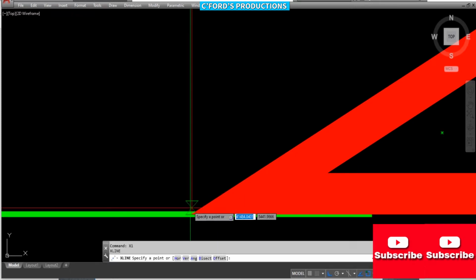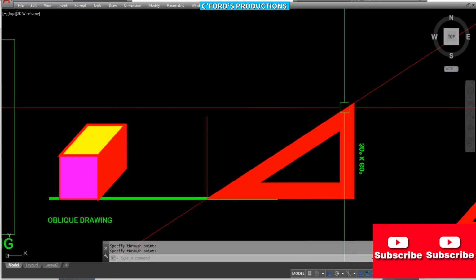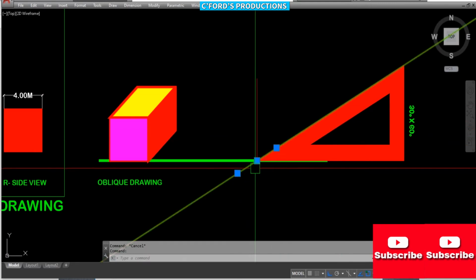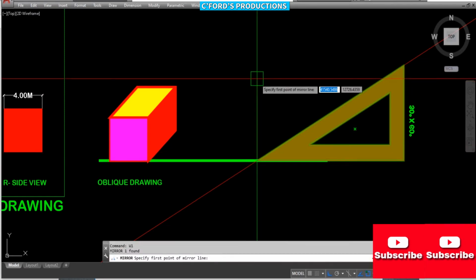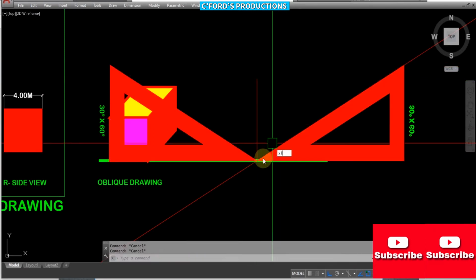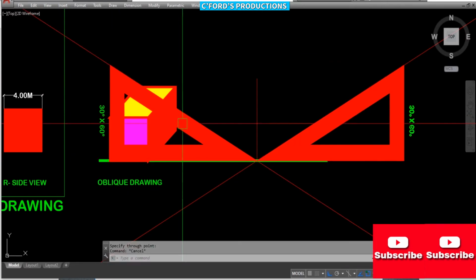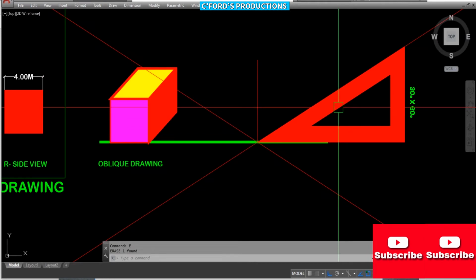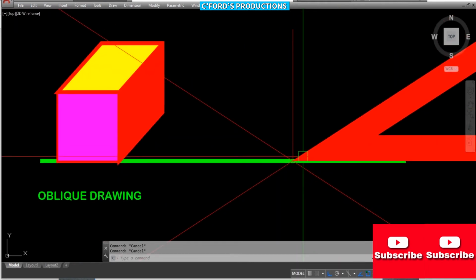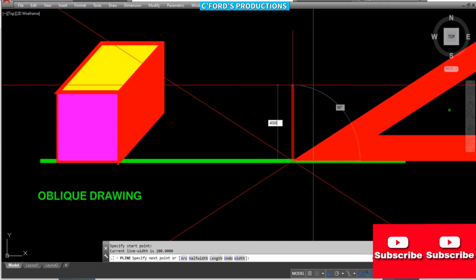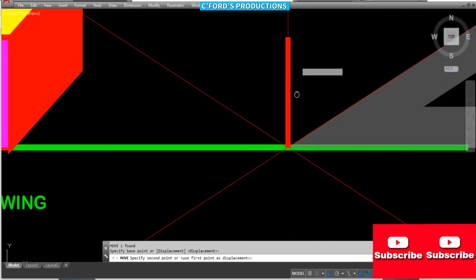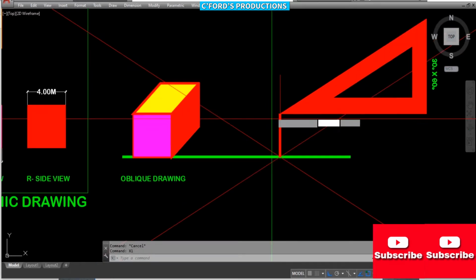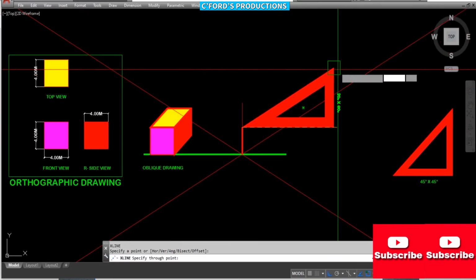So first we will create the construction line, and also this to the right side. So the dimension is 4 meter. So 4 meter. And then create a construction line.